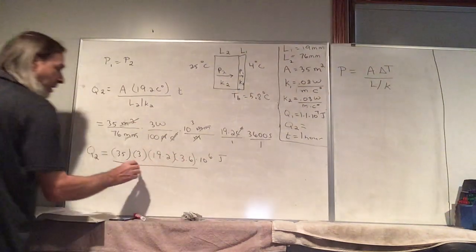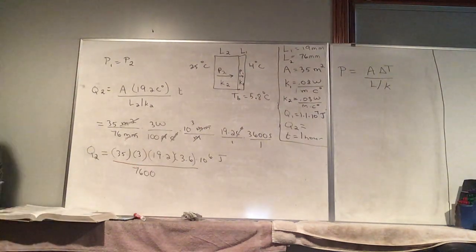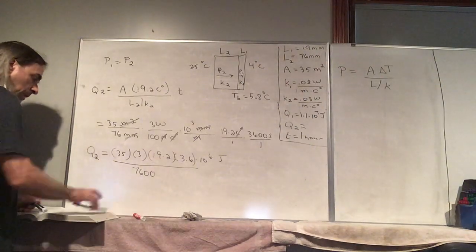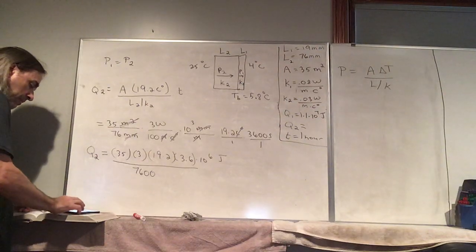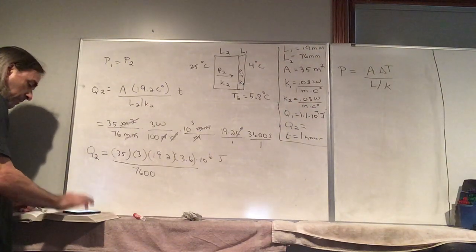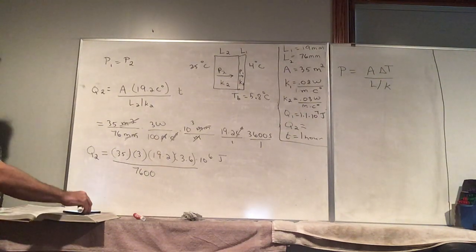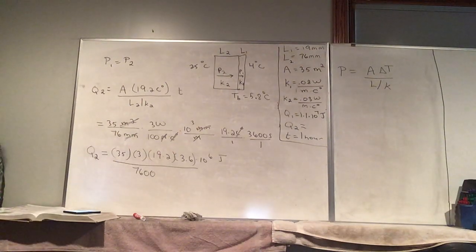And on the bottom we have 7,600. So let's calculate this number here. 35 times 3 times 19.2 times 3.6. If you do all that, you get 7,257.6, and then let's divide by 7,600.